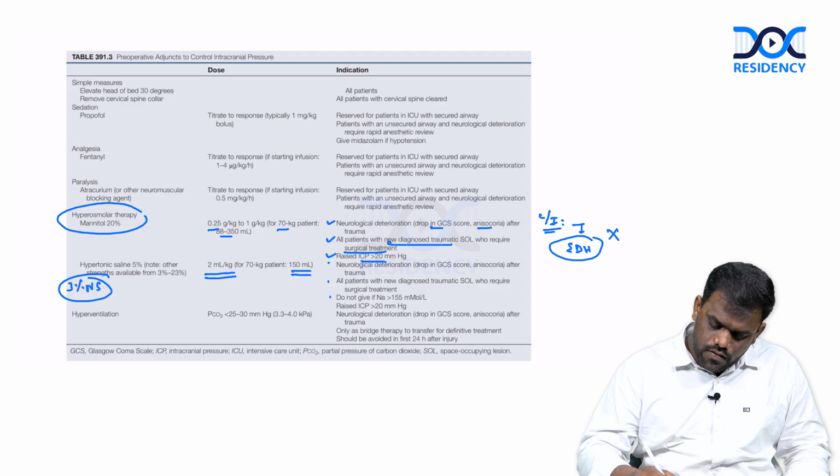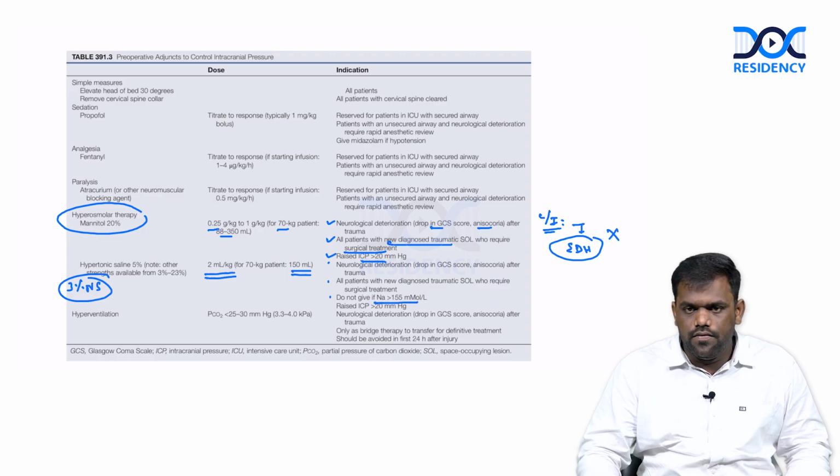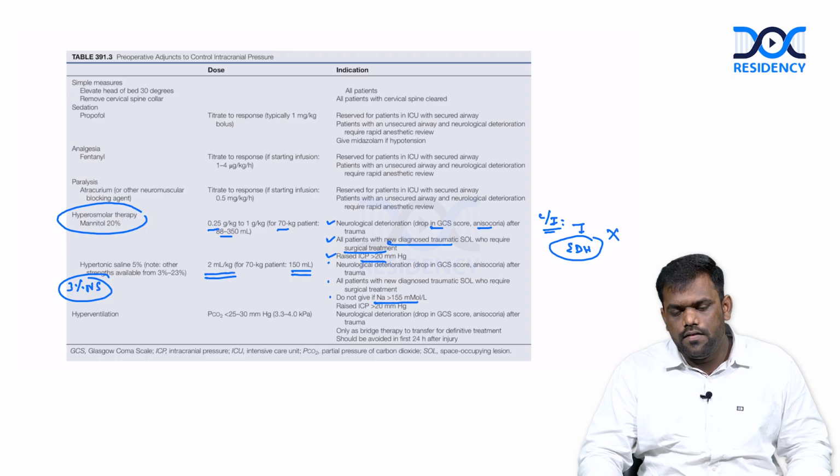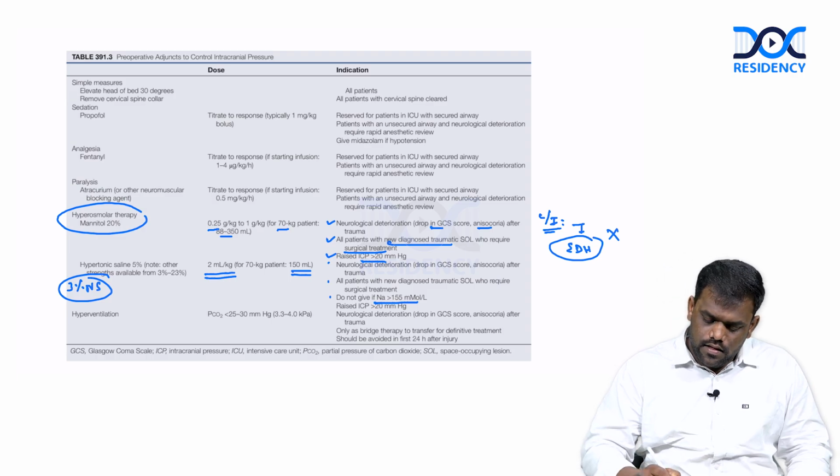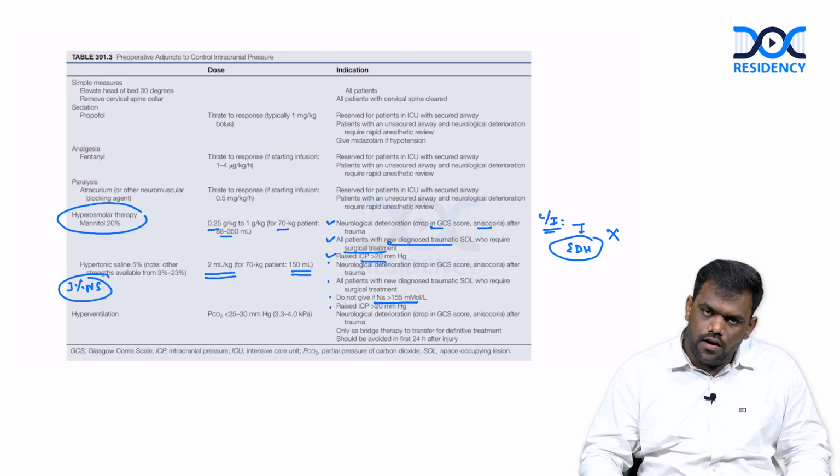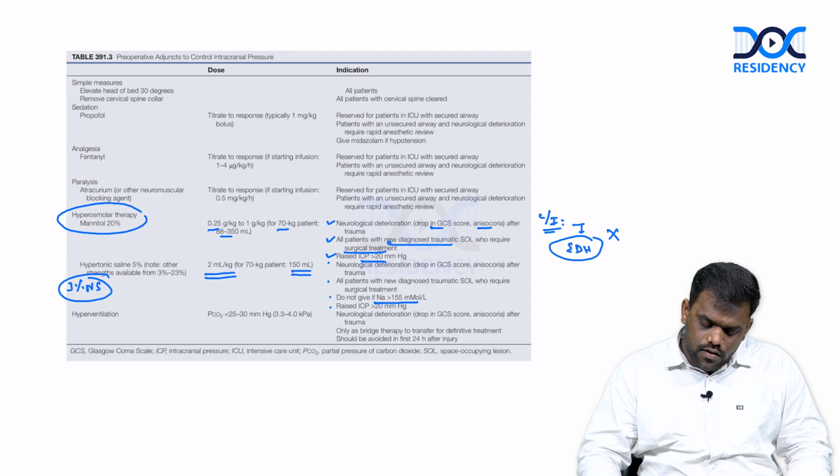We should not give it if sodium is more than 155. In very high hypernatremia, you should not use the 3% NS. It is also indicated whenever there is a raised ICP of more than 20 millimeter of mercury.